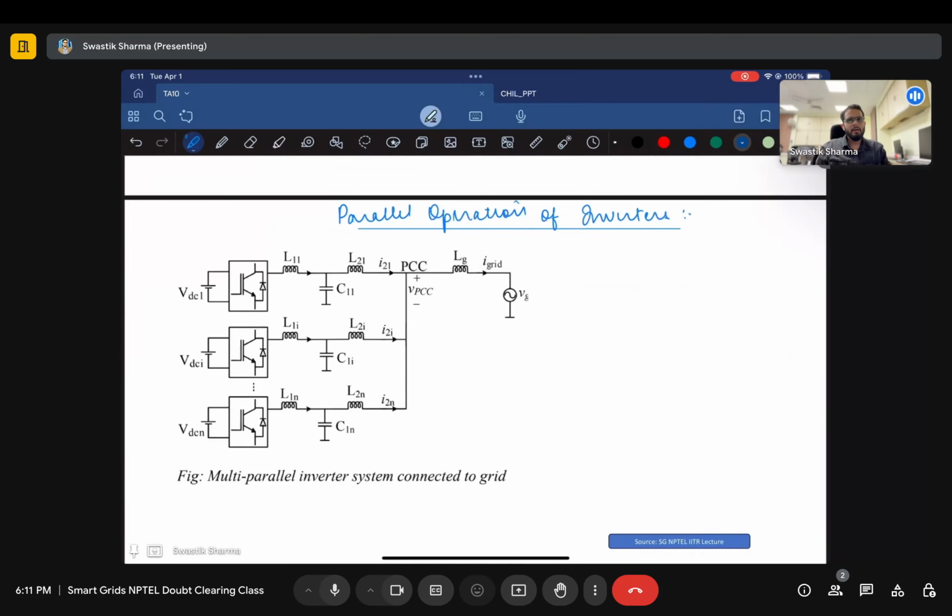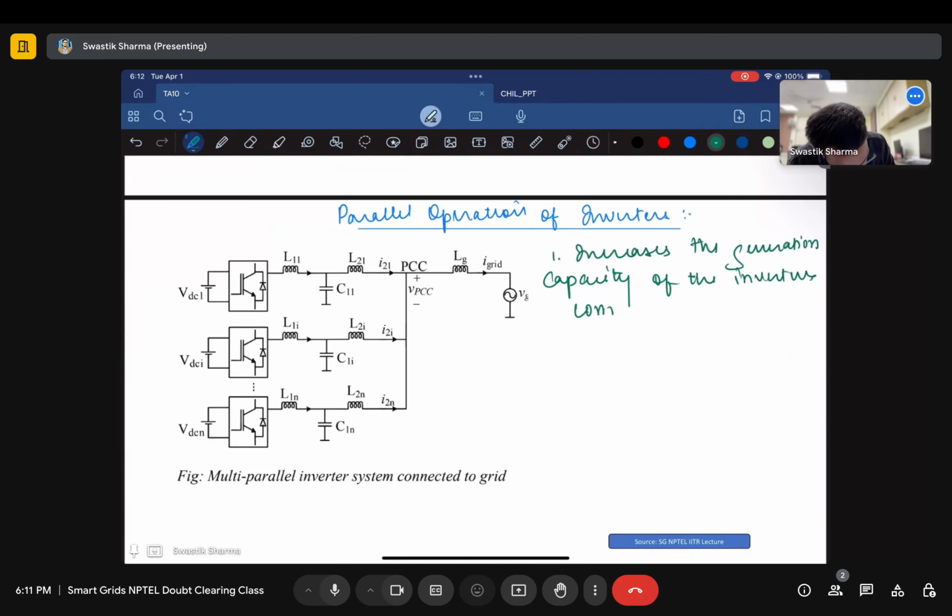So it increases the generation capacity of the inverters connected to DRs. Right.